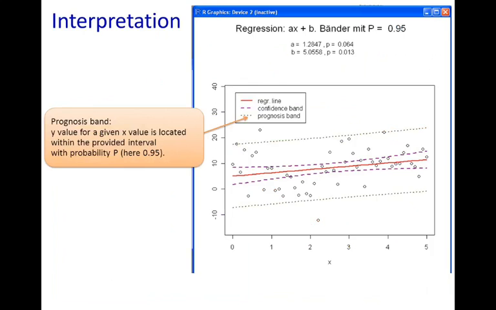And again, you can choose the confidence level of this confidence interval. Here we have 0.95, so with 95% chance the value belonging to some certain x value is within the green interval.